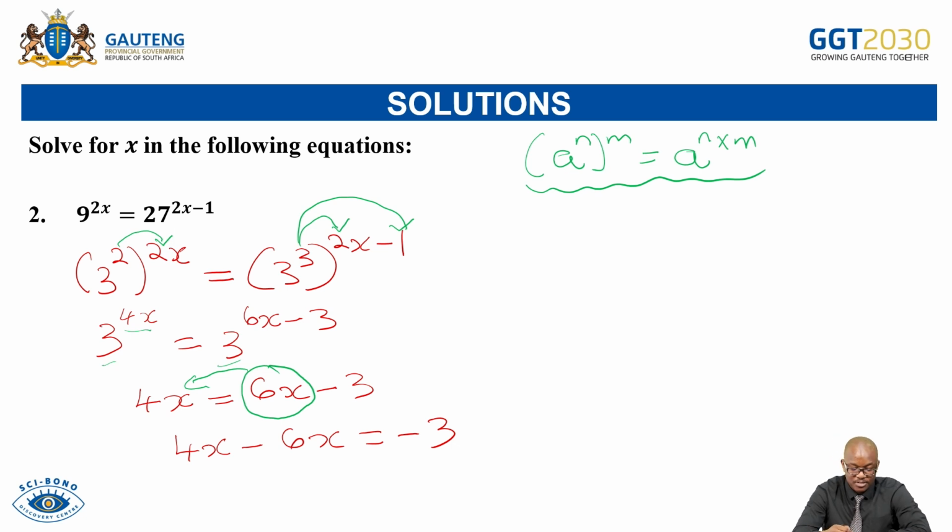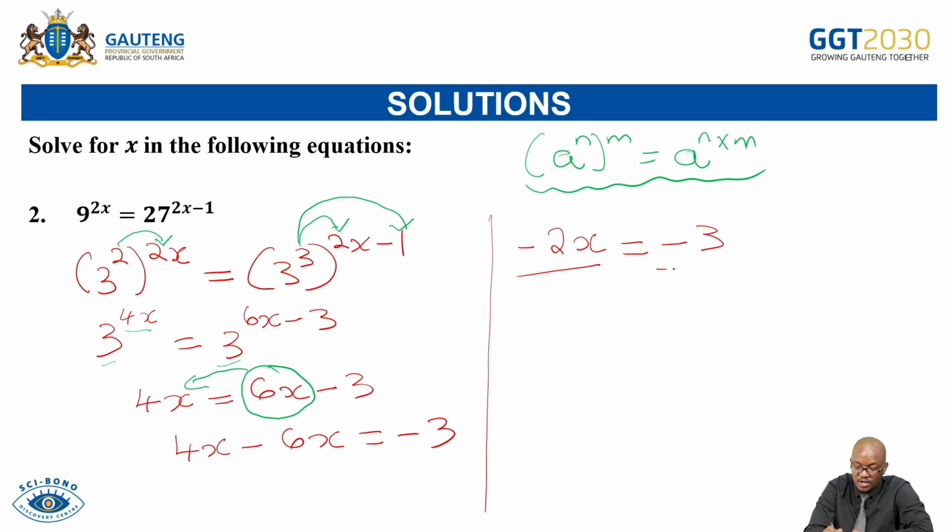Remember, 6 was positive on the right-hand side. As we transpose, it changed the sign to negative. So 4 minus 6, we are going to have negative 2x, which is equal to negative 3.